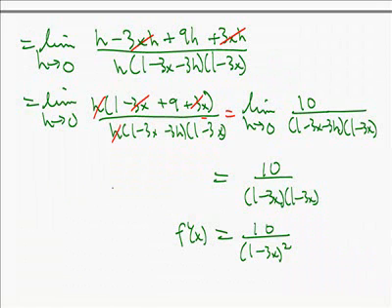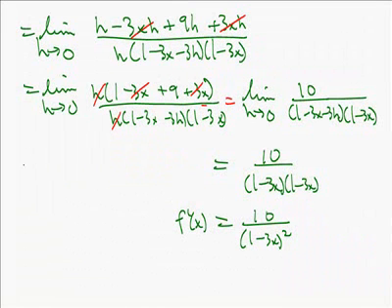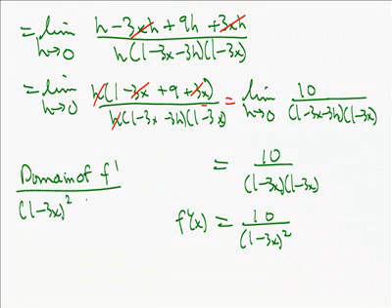So we need to find the domain of this new function f prime, and we're going to have basically the same issues that we had for f, and that is that we can't have 0 in our denominator. So we have to find out when (1 minus 3x) quantity squared equals 0.